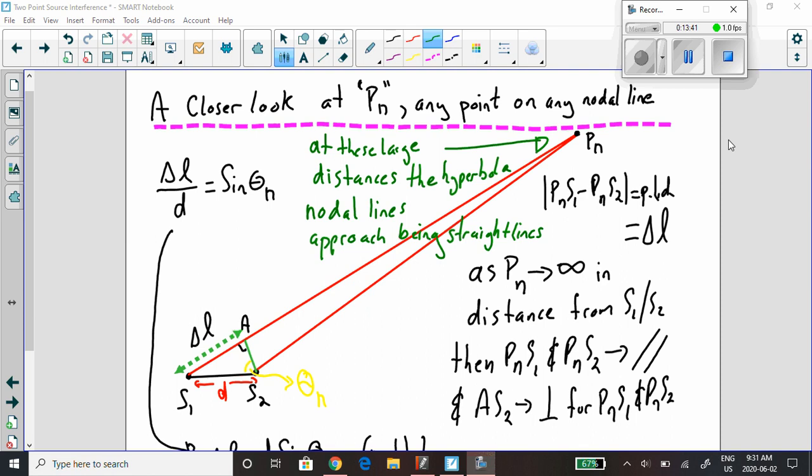All right, so I've changed the zoom here because I want you to take a look at the whole picture. And what we want to do is take mathematically a closer look at this point Pn, any point on any nodal line. So we still have the situation here: S1, source 1, S2, source 2. They're still a distance apart from each other, all right?